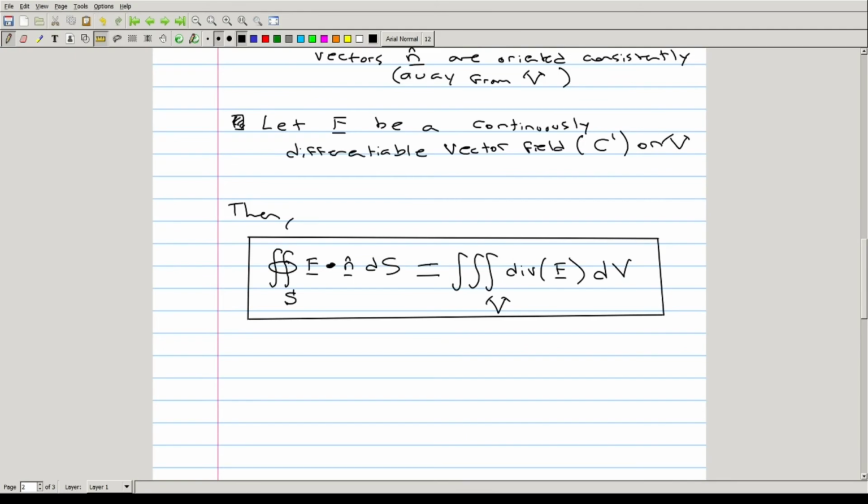Like before with Stokes' theorem, I really can't overstate how important this theorem is, because this is a completely separate generalization from Stokes' theorem, the generalization of Green's theorem in the plane, to now volumes and surfaces in 3D. And it is a direct extension in the most real way possible of the fundamental theorem of calculus from single variable calculus.